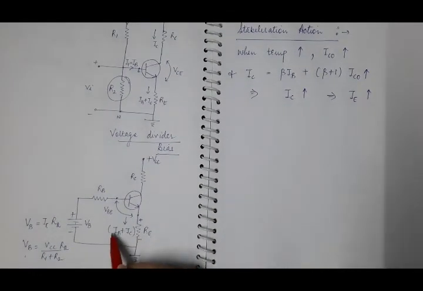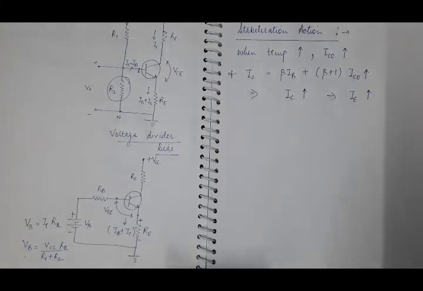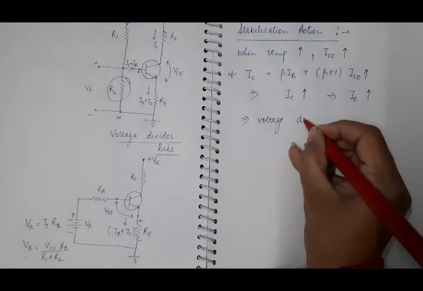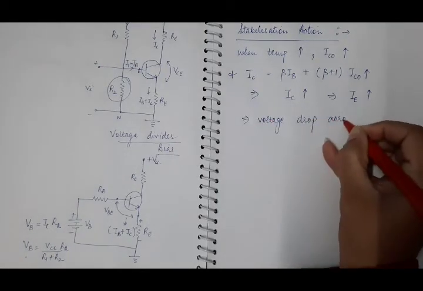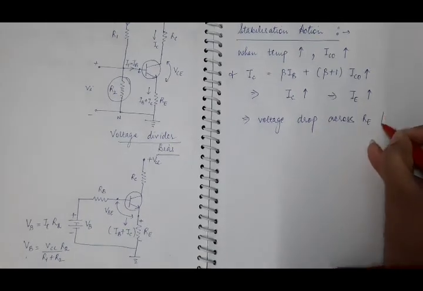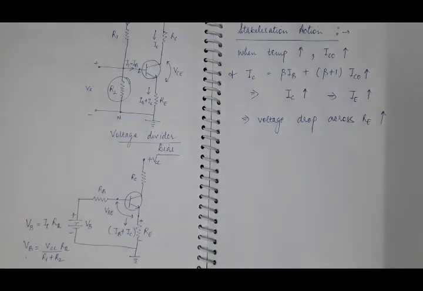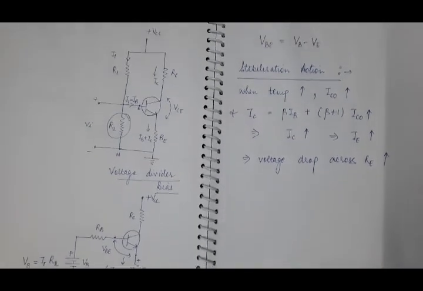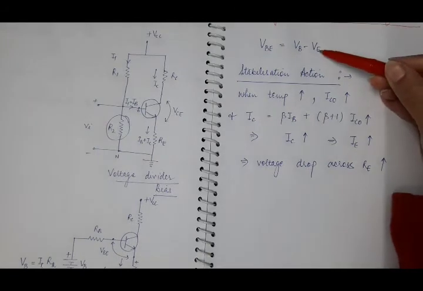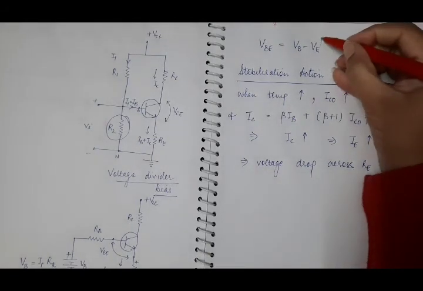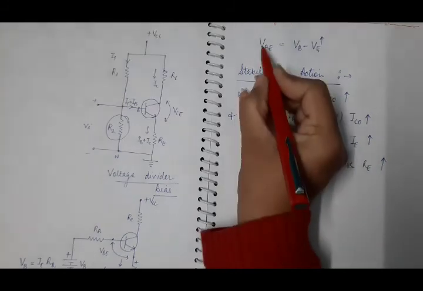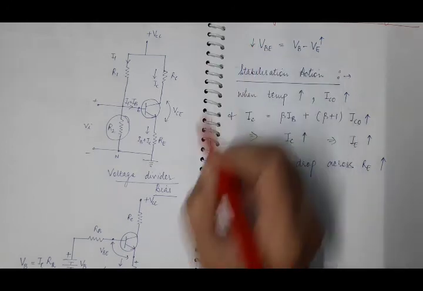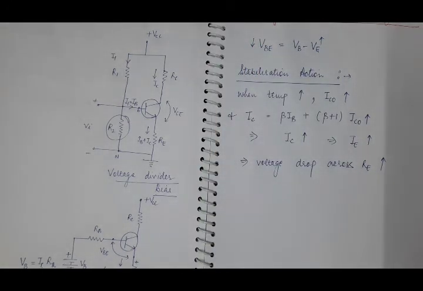If this IE increases, then the voltage drop across RE, which is VE, will also increase. And if VE increases, what will happen? It means the forward bias, which is VBE, the voltage across the base-emitter junction, will decrease.